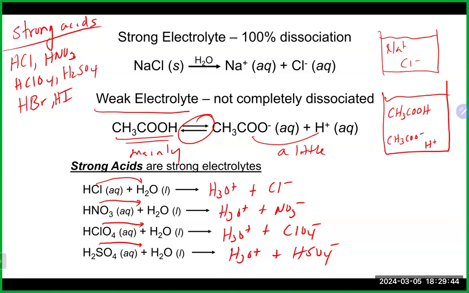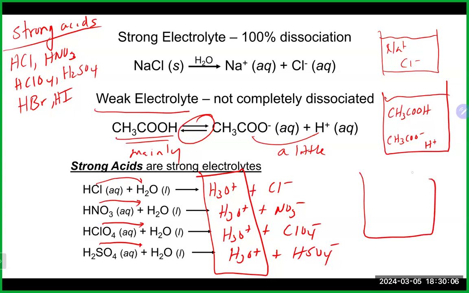So 100% of these guys are going to break apart, and this is really why they are all strong acids, because pretty much all they have to do is go for a swim, and you're going to produce a lot of H plus really, really quickly. And that's the definition of an acid, right? Something that has the ability to produce H plus or H3O plus in solution.